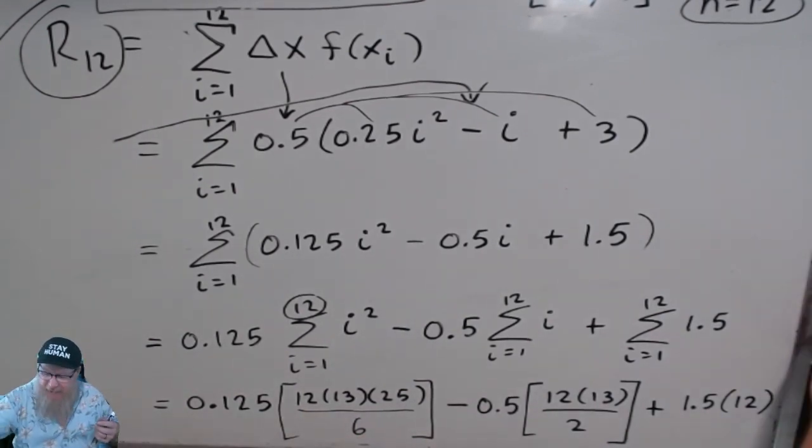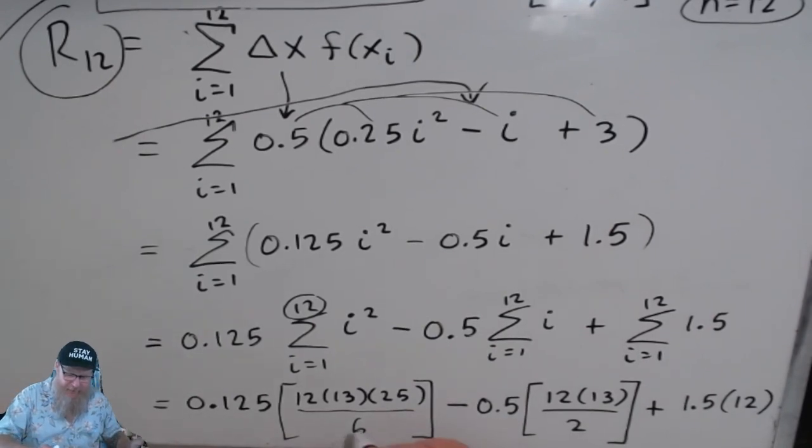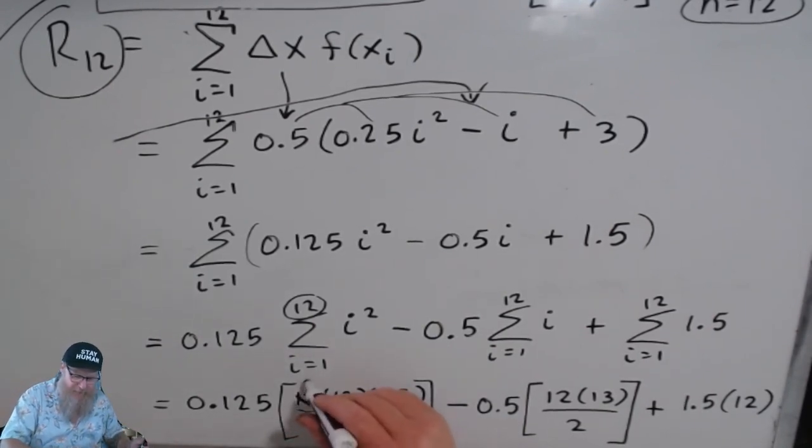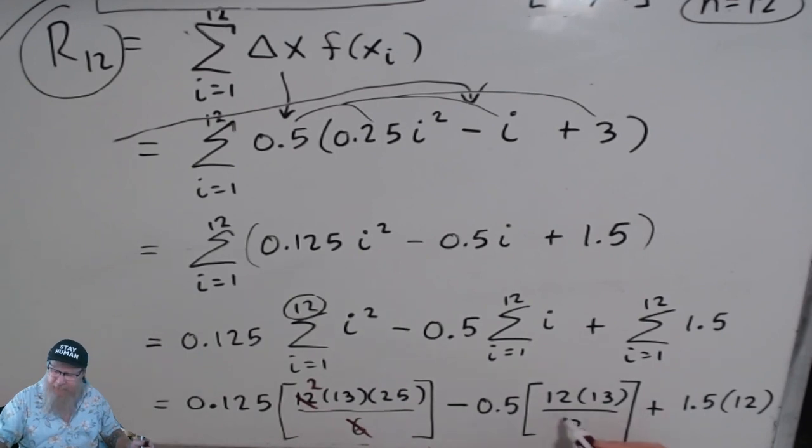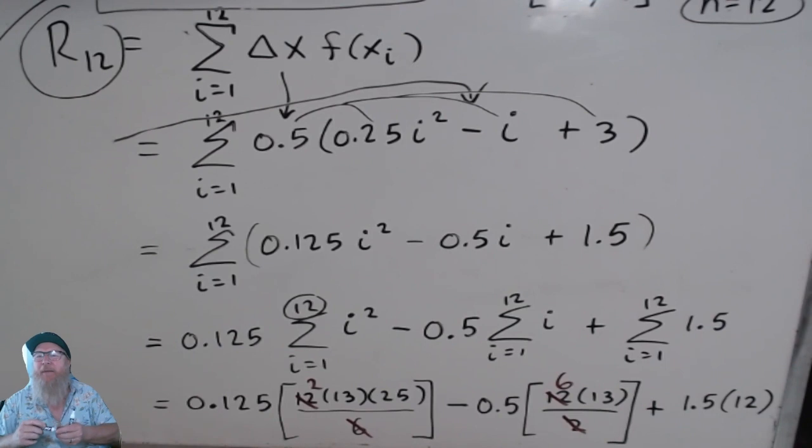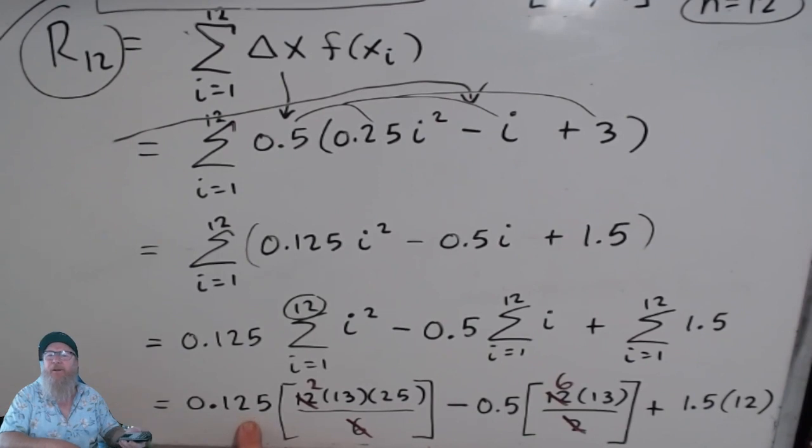I'm going to do a little bit of cleanup. Like I'm going to go 6 goes into 12 2 times. 2 goes into 12 6 times. Just to make my calculations a little easier. All right, so what do we got? We got 0.125, which is really just an eighth, if I would have kept fractions, times 2 times 13.